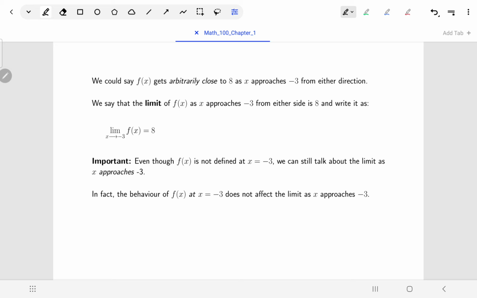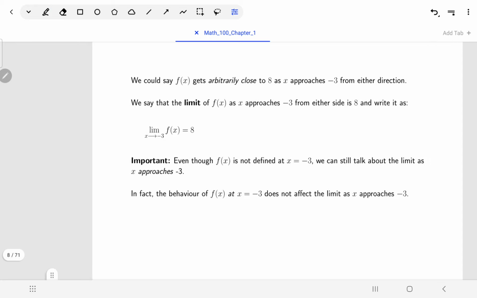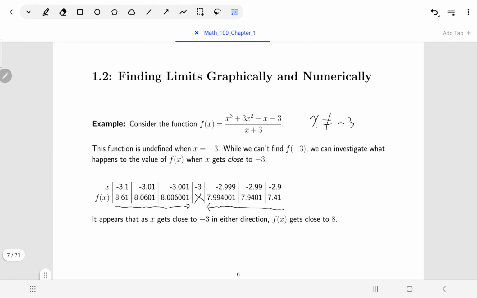So you could just sort of casually say then that f of x is getting arbitrarily close to 8 as x approaches negative 3. Arbitrarily close in the sense that if I got values of x that were even closer to negative 3 than the ones that I did, I would have y values that would be even closer to 8.